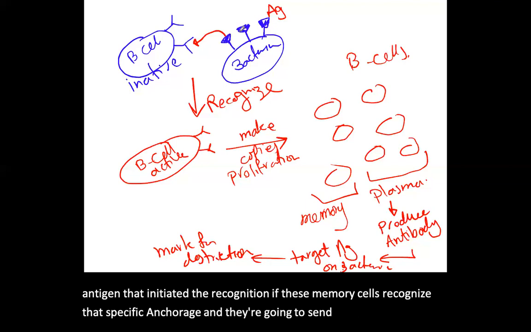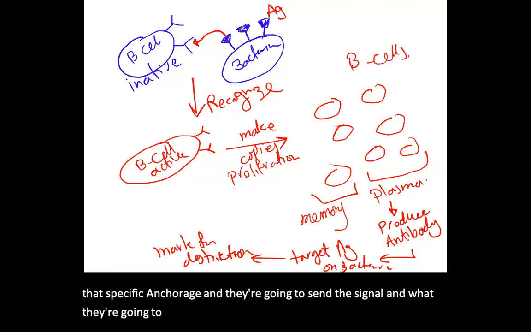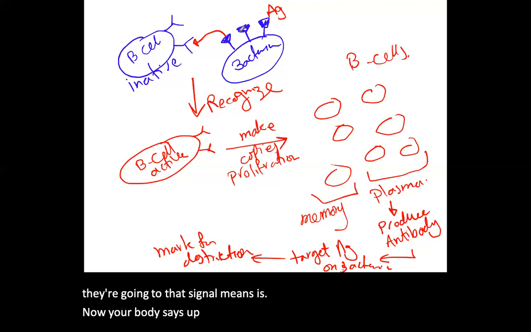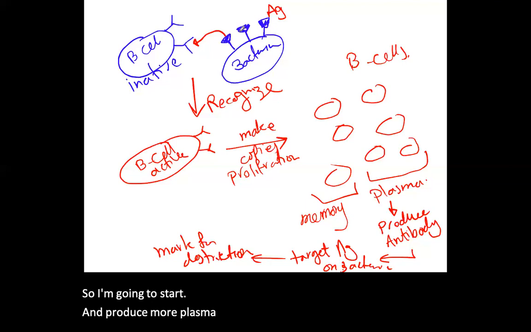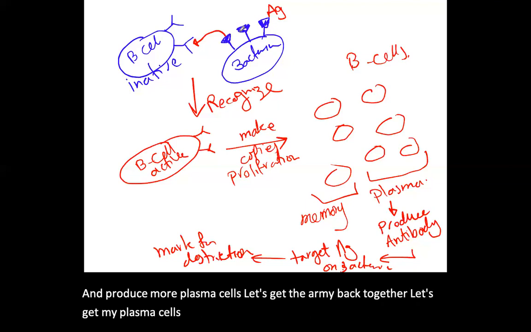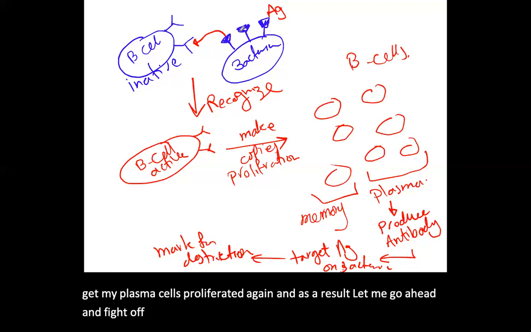That signal means your body says, oh, the infection's back, the original infection is back. So I'm going to start and produce more plasma cells. Let's get the army back together. Let's get my plasma cells proliferated again. And as a result, let me go ahead and fight off the infection one more time.